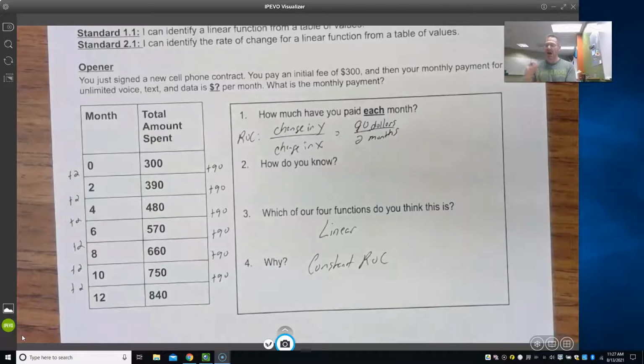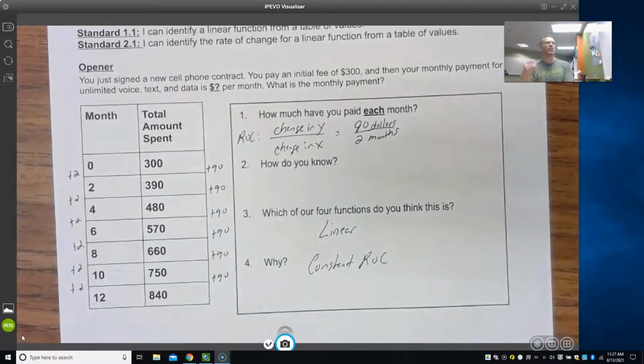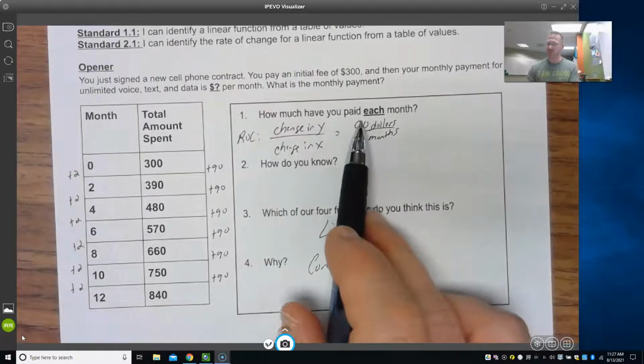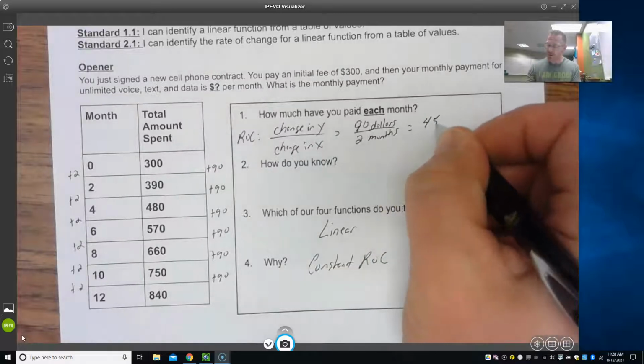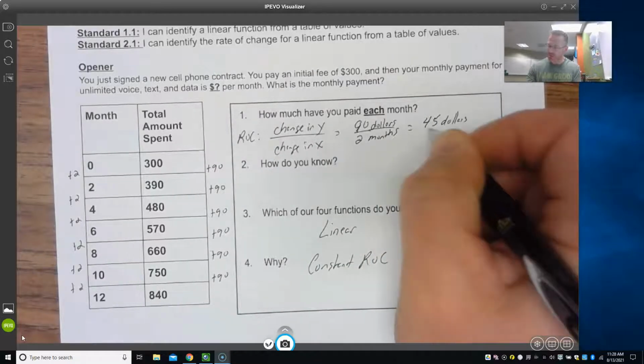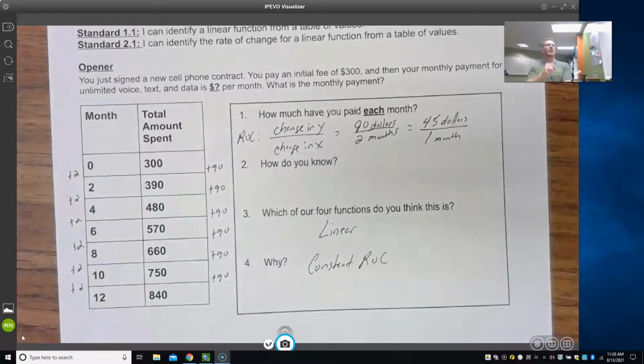But what I want to know is how much do I pay for each month? I want that unit rate per 1 month. And so this is the difference between a rate of change and a unit rate of change. So if I reduce 90 over 2, that reduces to $45 per 1 month. And that's my unit rate.